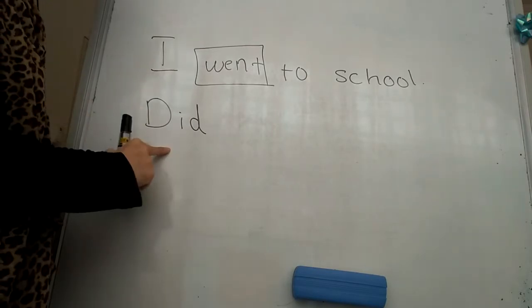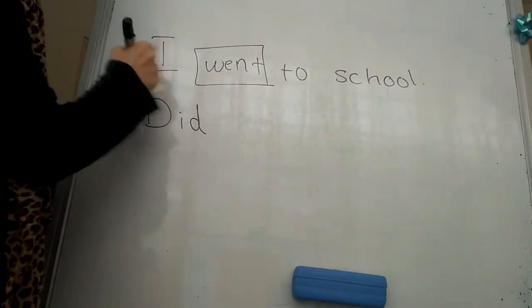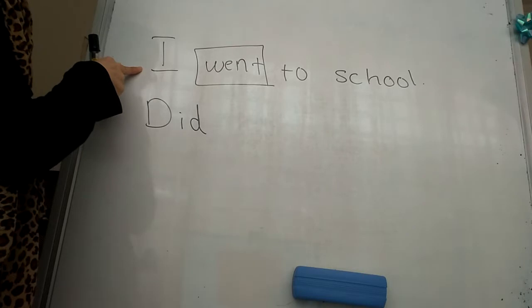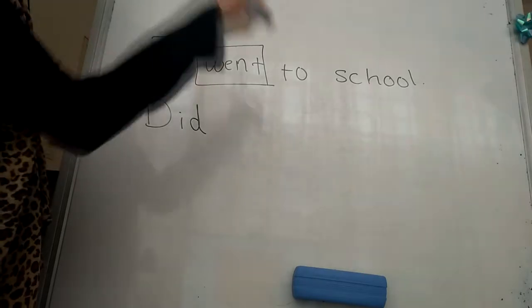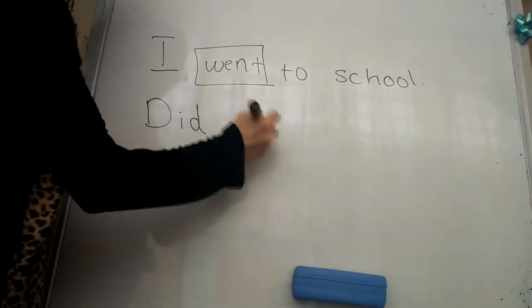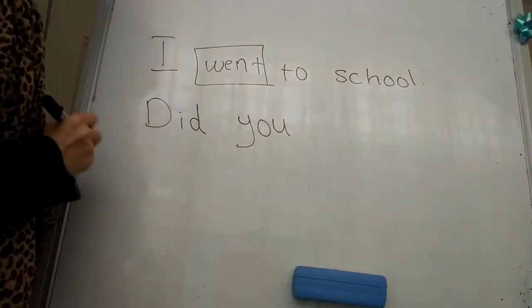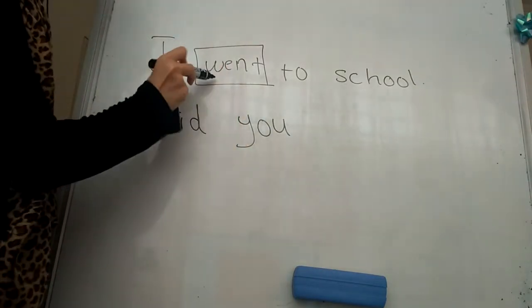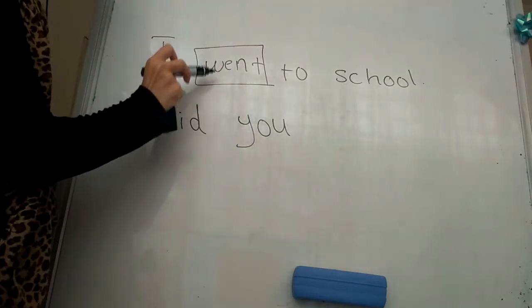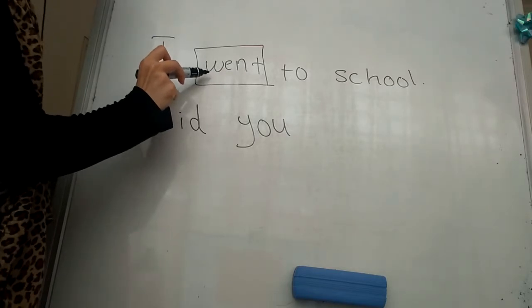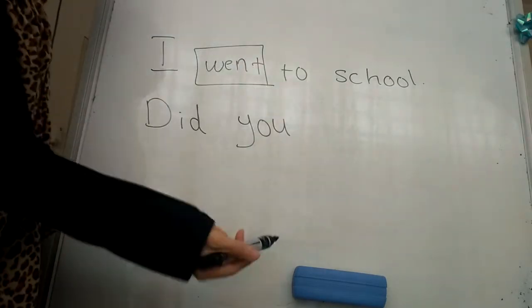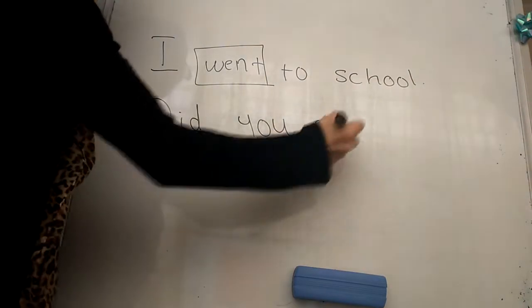So here we have did, and then we look at the subject. The subject here is I, so we change it to you. And then we look at the verb. The verb here is simple past form, so we change it to the base form, which is go.